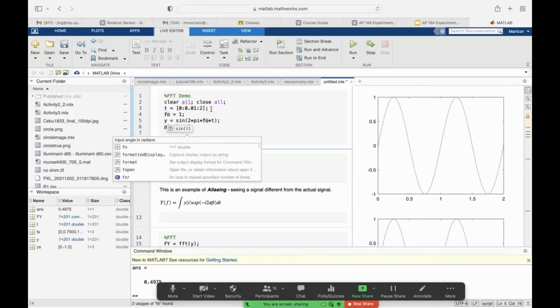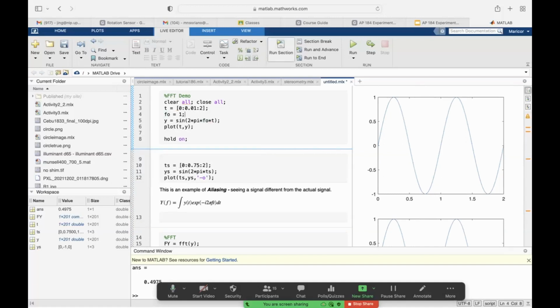So just run it again. I'll turn off the hold off.